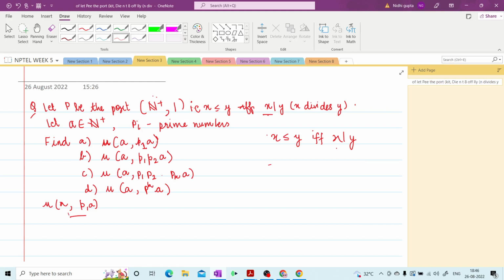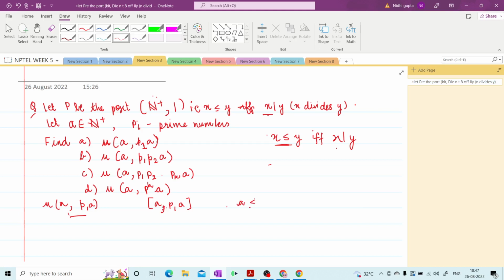So if we just consider this interval from a to p1a, first of all, using this partial order, are a and p1a related? Yes, they are related.